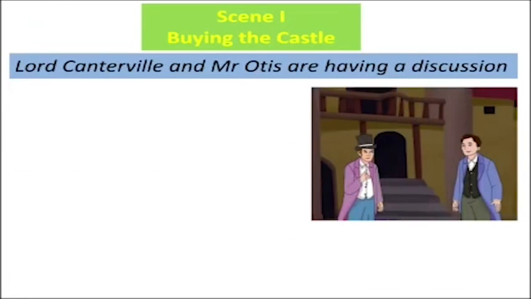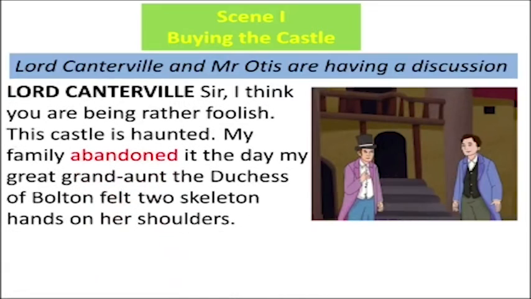Let us begin with the scene 1, which is buying the castle. Lord Canterville and Mr. Otis are having a discussion. They are having a deal to buy and sell this property. Lord Canterville speaks. Sir, I think you are being rather foolish.